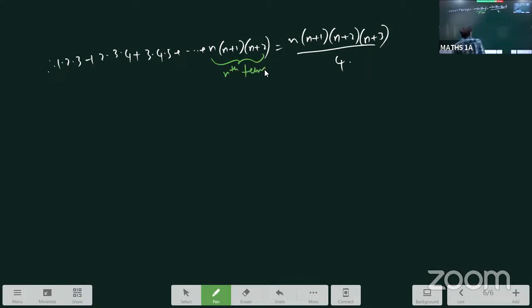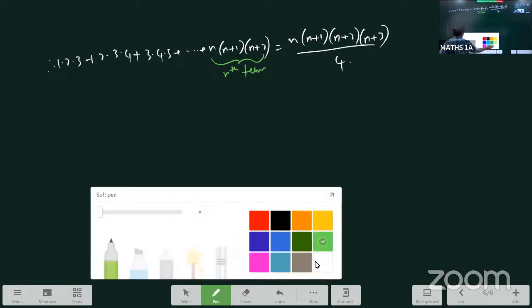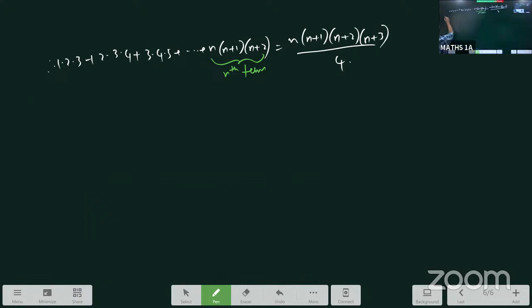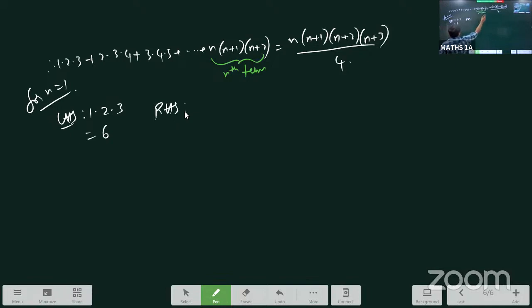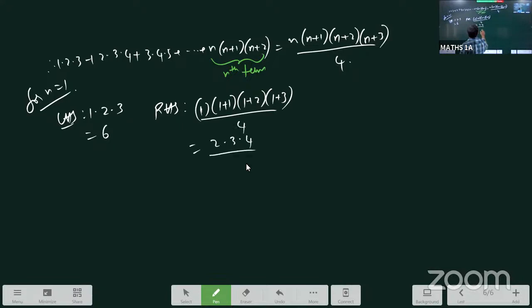Okay. Now first, for n equal to 1, LHS is 1 into 2 into 3, which is 6. Next RHS, n equal to 1, you put 1, 1 plus 1, 1 plus 2, 1 plus 3 divided by 4. 2, 3, 4 by 4, which is 6.